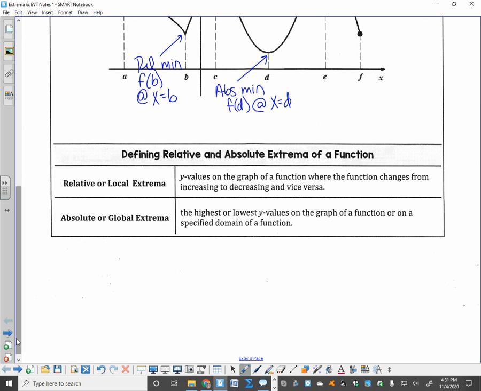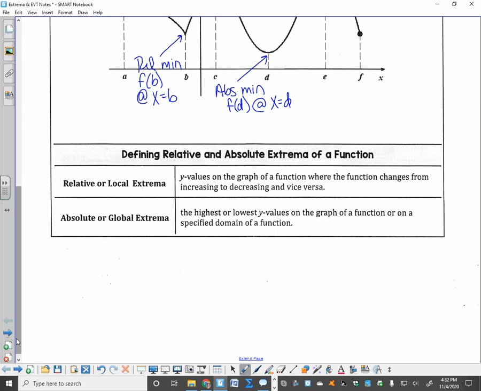Now, you should be having flashbacks to Unit 3. Wait a minute, I know how to tell based on the derivative whether the original function changes from increasing to decreasing. If the derivative is positive, then the derivative goes negative, and all that's going to come into play here in a second.